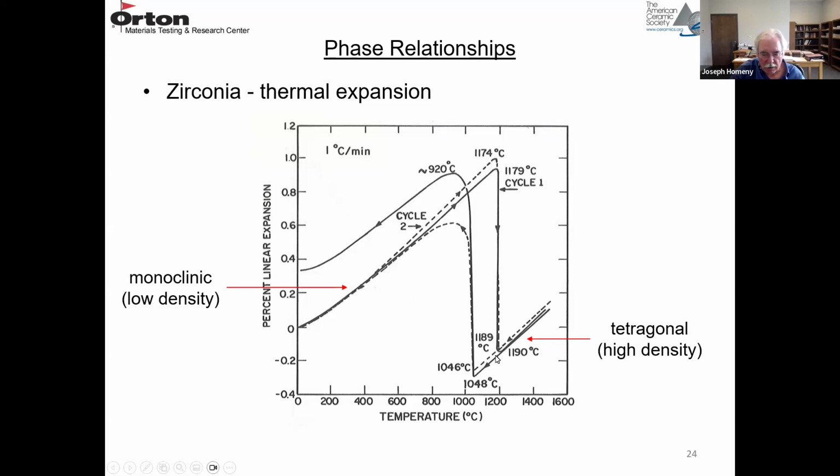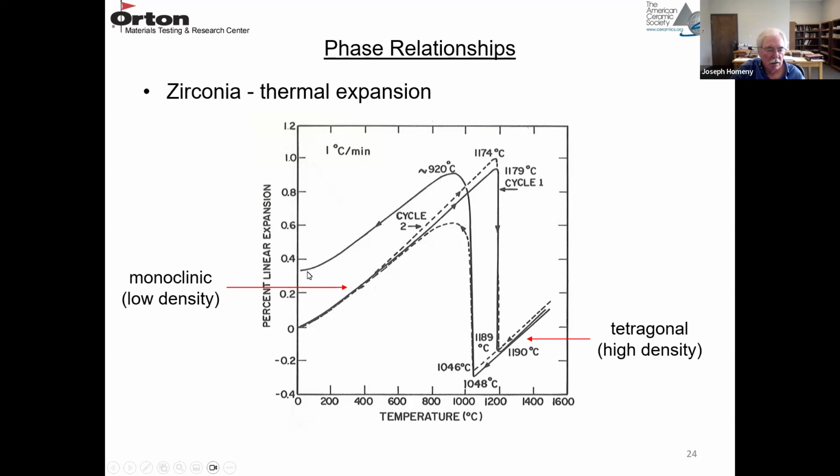So when you cool it down at about 1048, you go back from tetragonal to monoclinic. You have a volume increase. At this point, this decrease and this increase really disrupts the microstructure. It's severely microcracked.